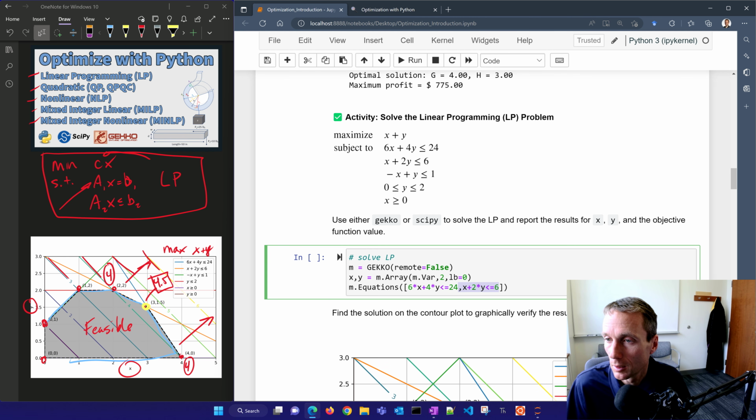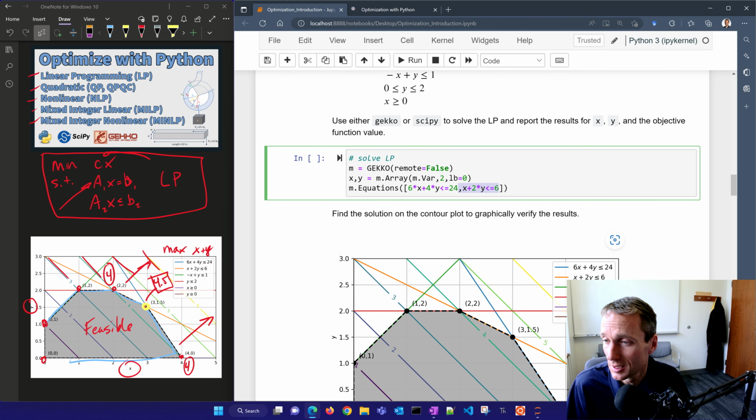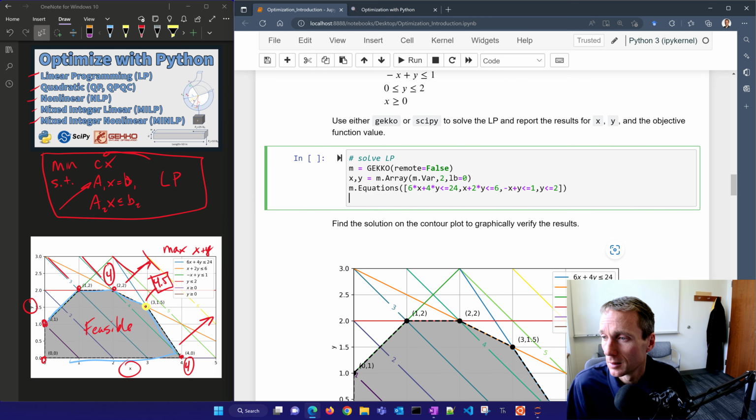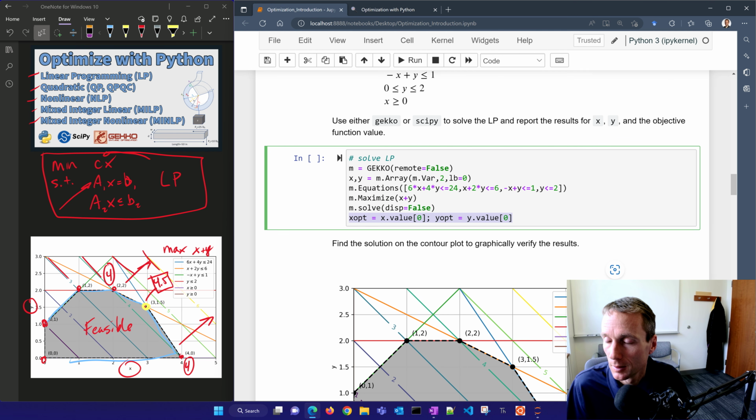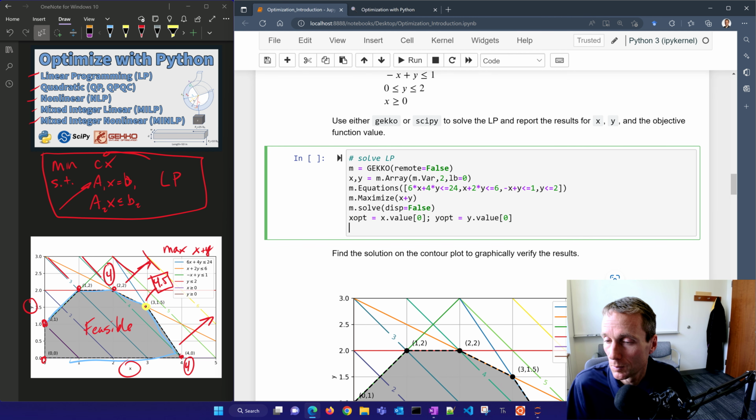Now, here are all of my equations. I'm just going to include these as a list. Okay, and then I have maximize x plus y, and then I'll solve it. And there are my optimal values. I'll just assign to different variables and then print those out along with the objective function.